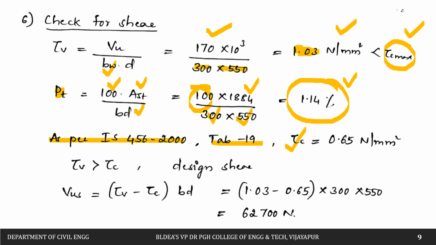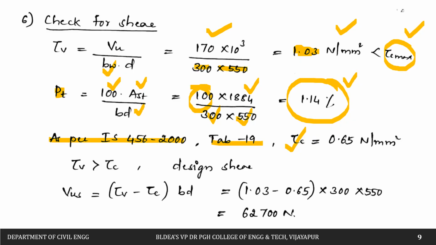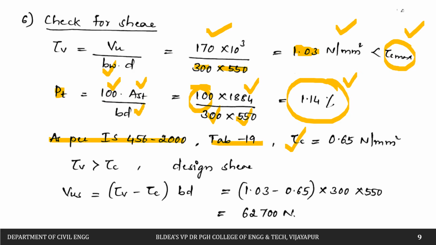Our percentage of steel is 1.14, and we have M20 grade of concrete, so the value lies between 0.62 and 0.67. We have to interpolate, and we get the value of approximately 0.65 newton per mm square.